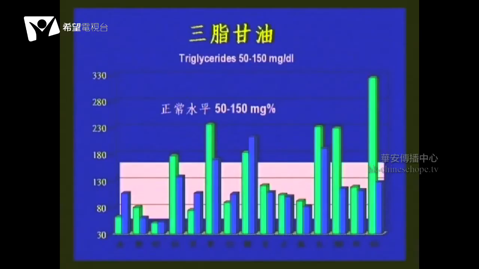So another test that dropped was the triglycerides. So you see in this graphic that most of them dropped the triglycerides in 1 week. You see the last graphic is a person that had the level of 300 milligrams per deciliter of triglycerides. And when she left the program, she was with a normal value of less than 150.